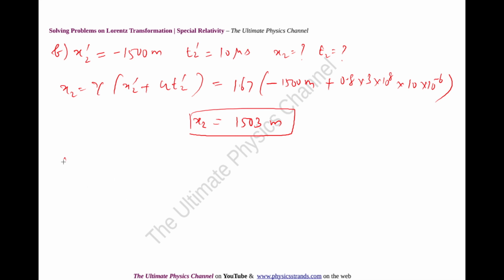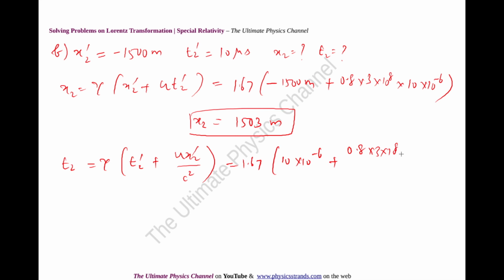We still have t2, so t2 we have to calculate. That is gamma times t2 prime plus u x2 prime over c squared, which is equal to 1.67 into t2 prime, given as 10 microseconds, so I'm putting 10 into 10 power minus 6 here, plus u, which is 0.8 into c, 3 into 10 power 8, into x2 prime, which is minus 1500, over c squared, so 3 into 10 power 8 whole squared.